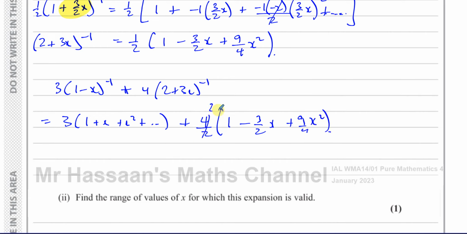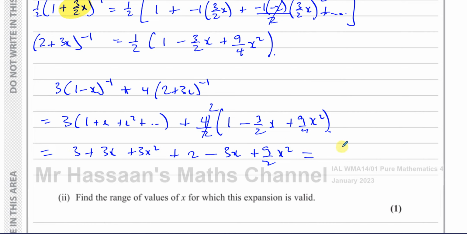So this gives you 2 times in the end, because we multiply the 4 by that half. So now this is going to give you 3 plus 3x squared. And then plus 2 times minus 3 over 2, which is minus 3x, the 2's cancel. And 2 times 9 over 4 gives you plus 9 over 2x squared.